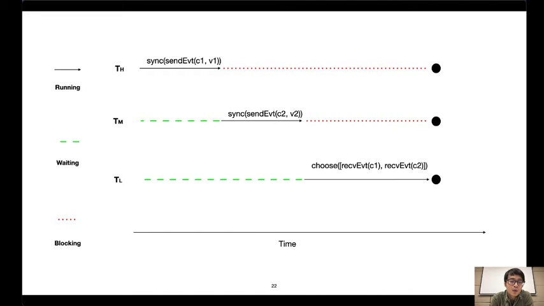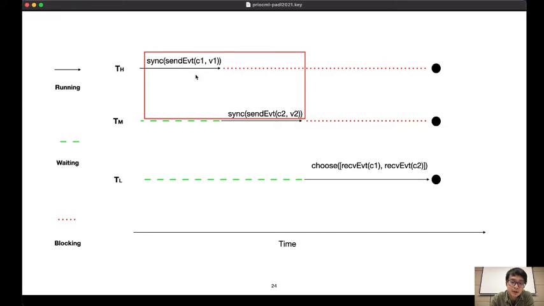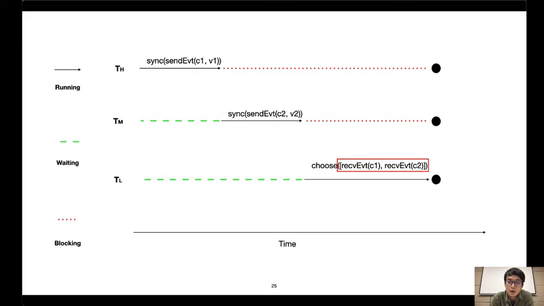And when we are considering the decision, we want to know the following factors. First, we want to know the priority of the thread that performs the synchronization, and we also want to know the priority of the events that are synchronized on, and we also want to consider the priority of the events in the choose pools.